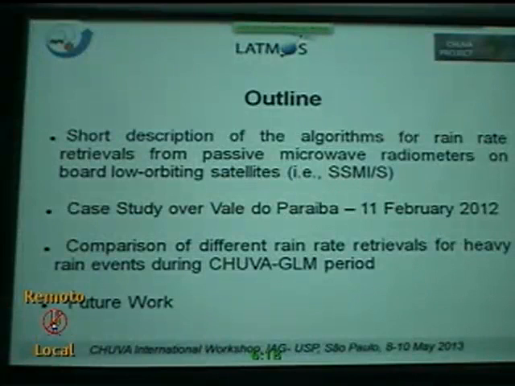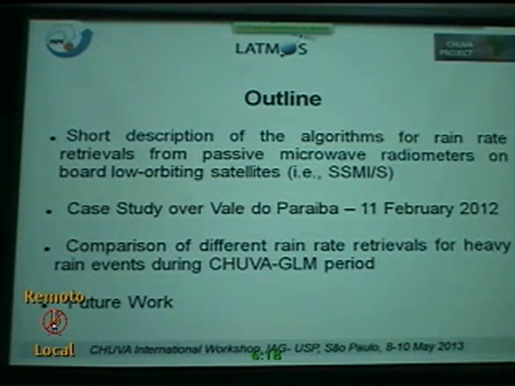Then I will present a case study over Vale do Paraíba on February 11, 2012, and a comparison of the different rain rate retrievals for heavy rain during the CHUVA GLM period. In these very preliminary results, we are using two different algorithms, both based on Bayesian retrievals: one is GPROF, and the other is the BRAIN algorithm.